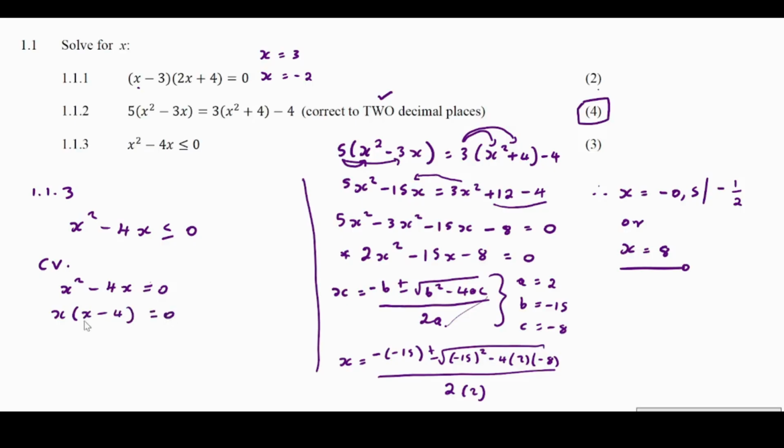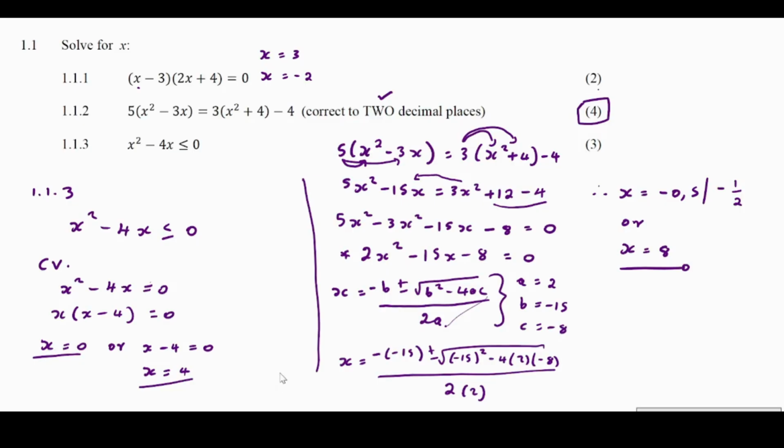This is equal to 0, so you will find that your critical values are x equals 0 and or x equals 4. This part here is given by x minus 4 equal to 0. So you'll find that the value of x is positive 4. So these are our critical values, not the solution.